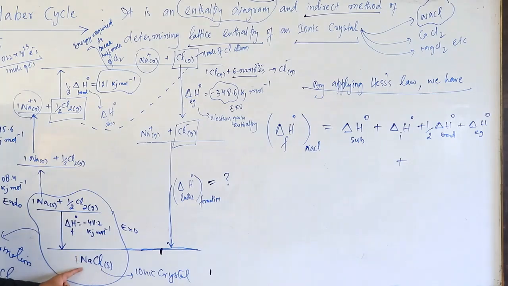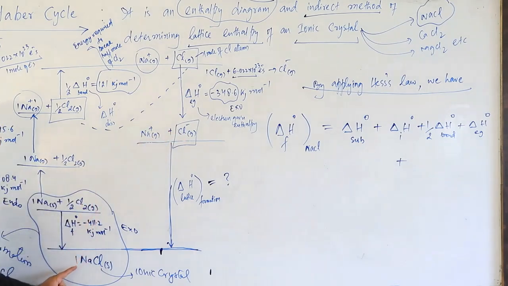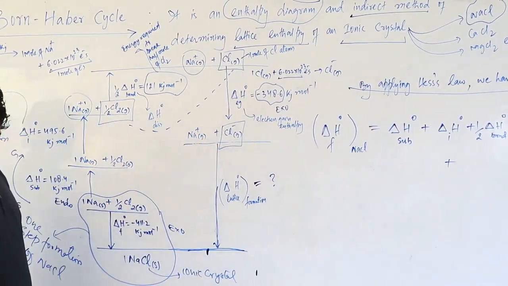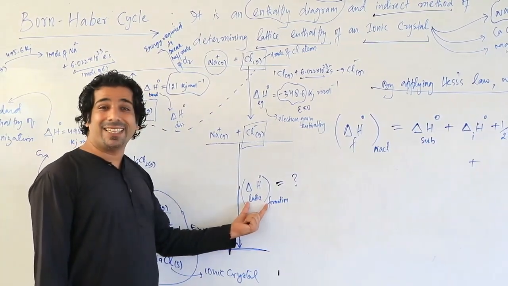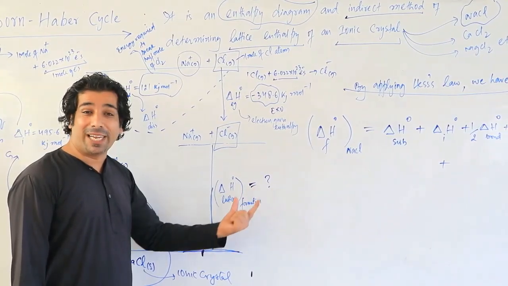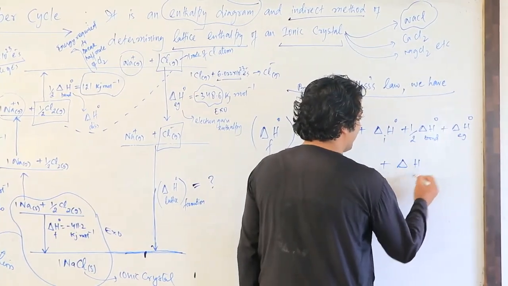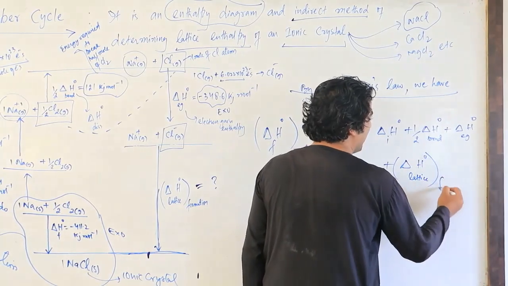So when 1 mole of ionic crystal is formed from the constituent gaseous ions, we call it the standard lattice enthalpy of formation. But its value is not given, my dear friends. So we have to calculate this. So I will write down finally I have delta H lattice. And remember, this delta H lattice is nothing but a lattice formation.